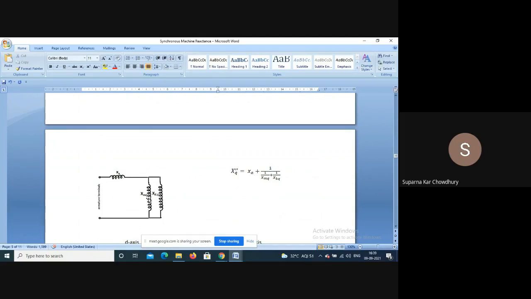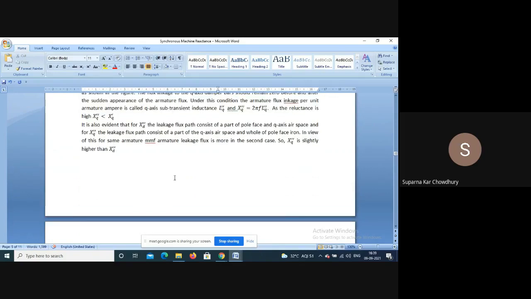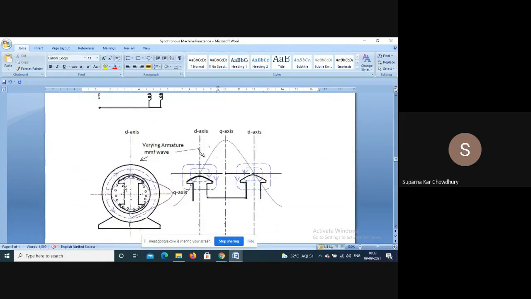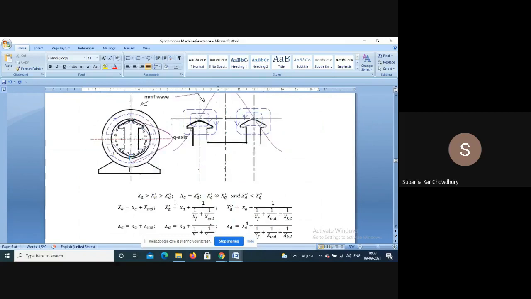XMQ is the magnetizing reactance in the quadrature axis. XKQ is the reactance of the damper bar in the quadrature axis. Now this is the field distribution. Initially it was going like this. Now it will go mainly through air like this.